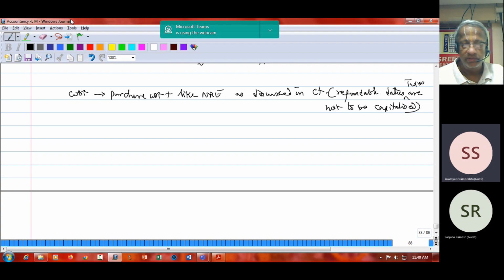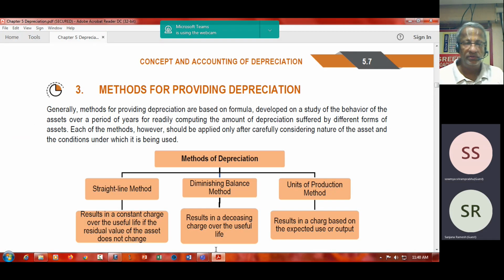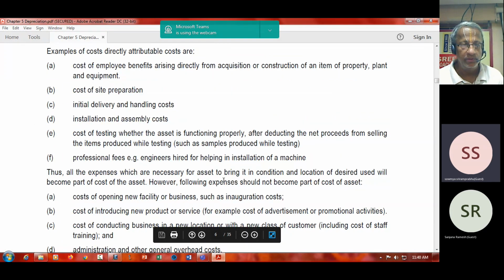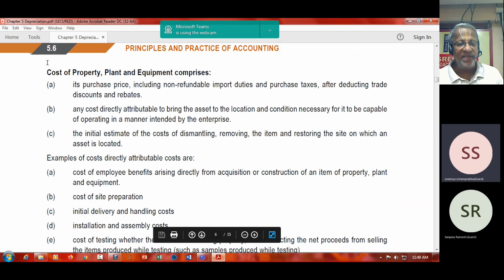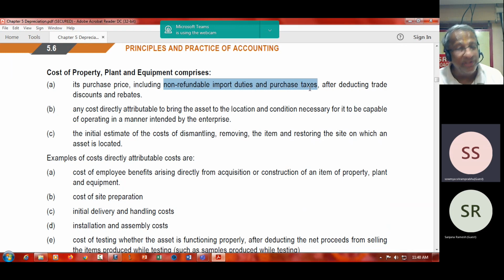Understood? Yes, sir. So here they say cost of the property, purchase price including non-refundable import duties and purchase tax. Non-refundable should be added. Refundable should not be added.